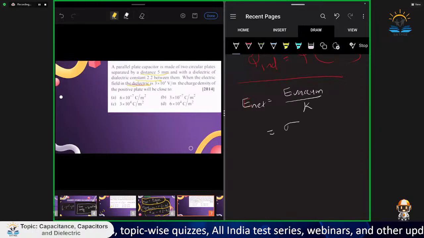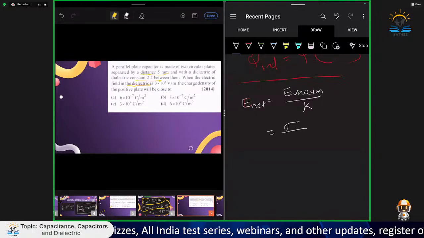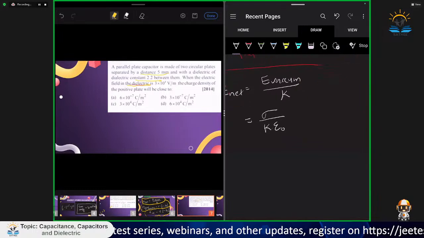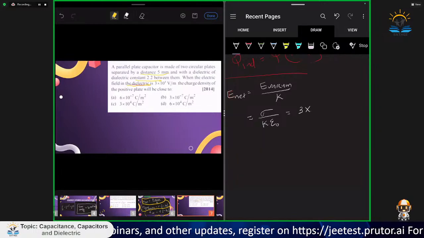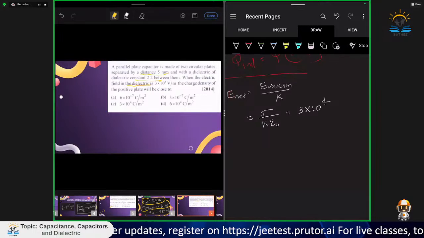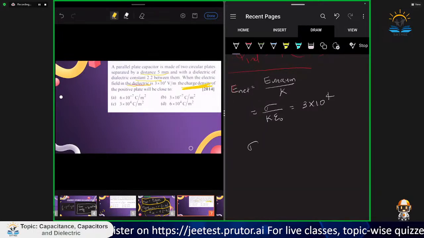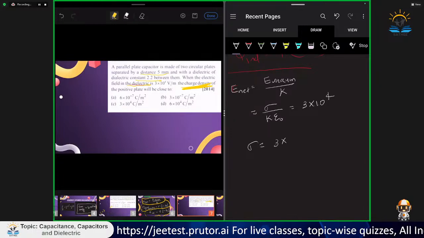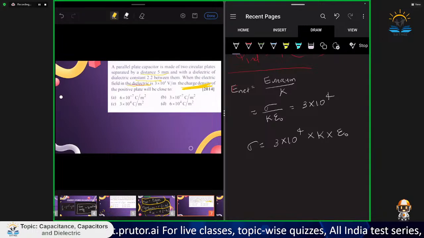Sigma by epsilon. So electric field inside the dielectric will be sigma by K epsilon, which is given as 3 into 10 raised to 4. We have to find out charge density, so we have to find out sigma only. Sigma is 3 into 10 raised to 4 into K into epsilon.